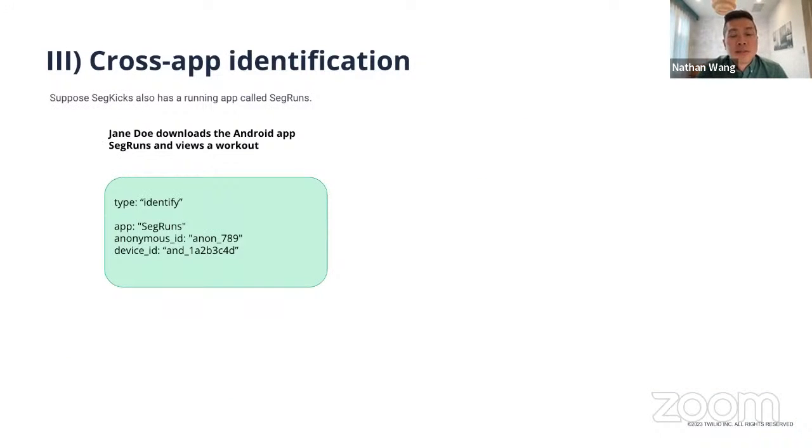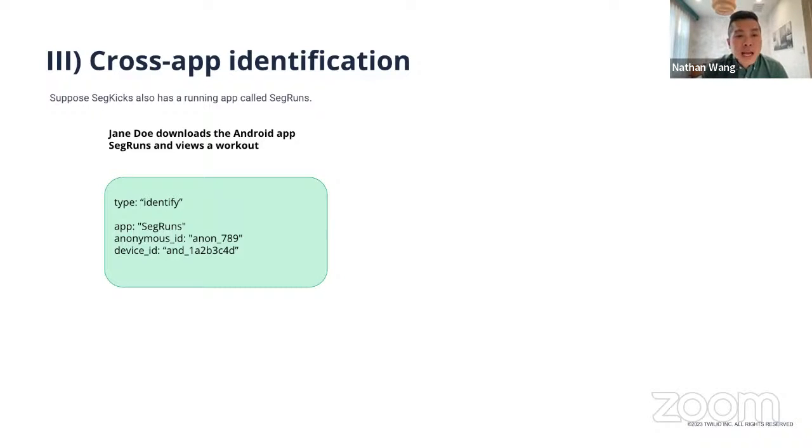Last but not least, cross-app identification. So suppose SecKicks also has a running app called SecRuns. It's common for them to have multiple types of business and dedicated apps. Jane now downloads the Android app, SecRuns, and views a workout.